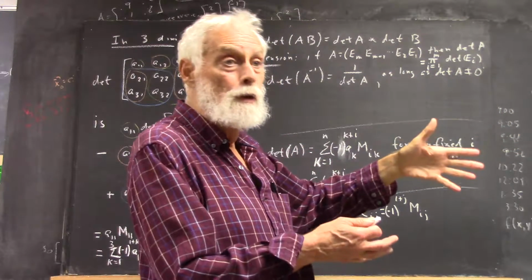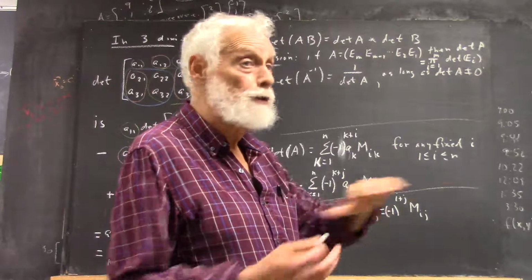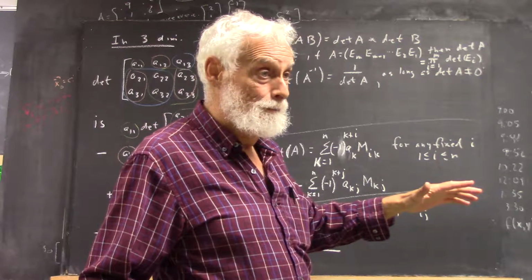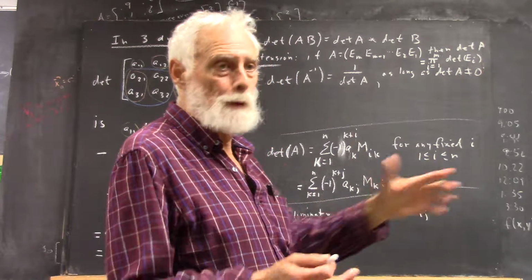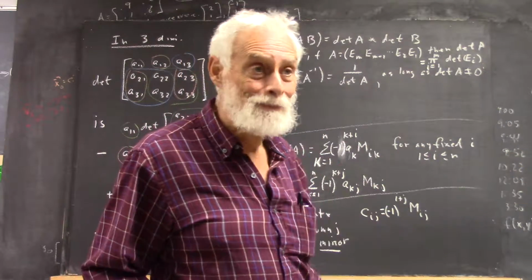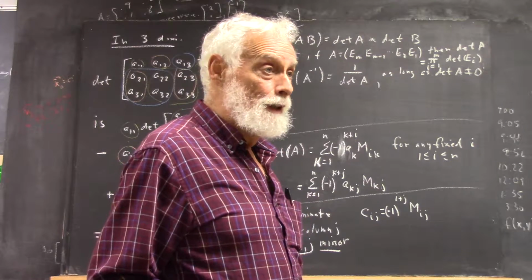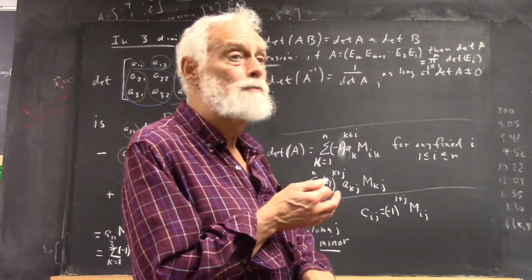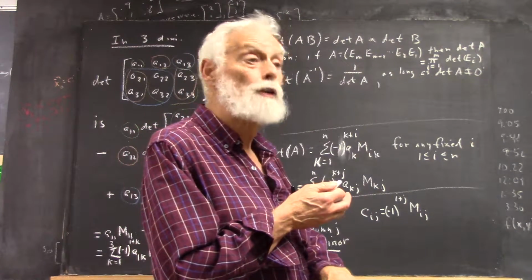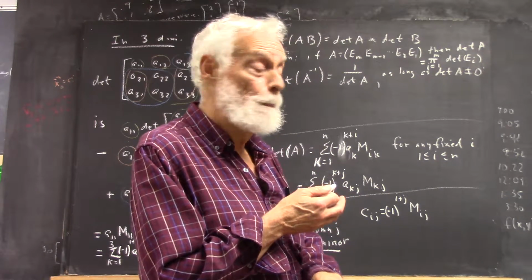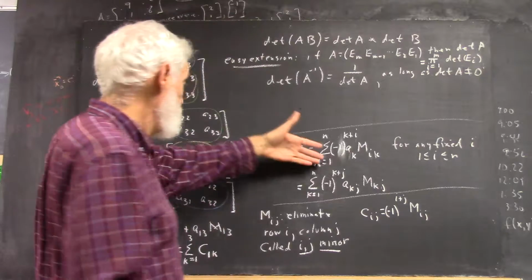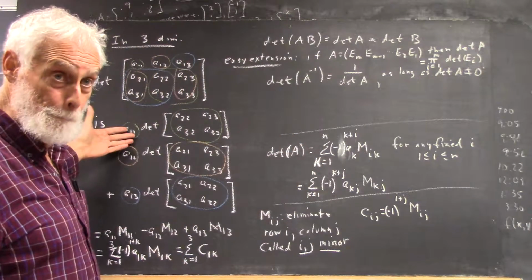If you add a multiple of one row to another row, it doesn't change the determinant; the determinant is 1. Determinant of the identity is 1, it didn't change, so it's still 1. And if you interchange two rows, the determinant changes sign. Determinant's -1, okay?